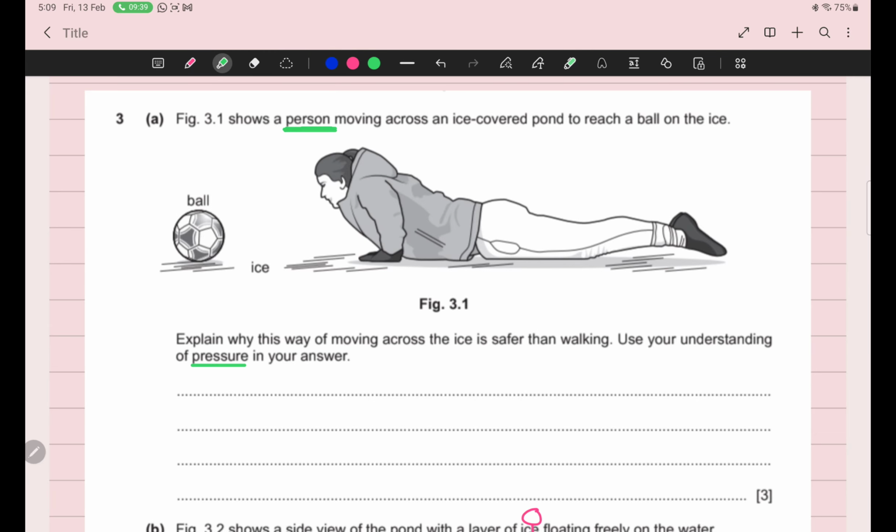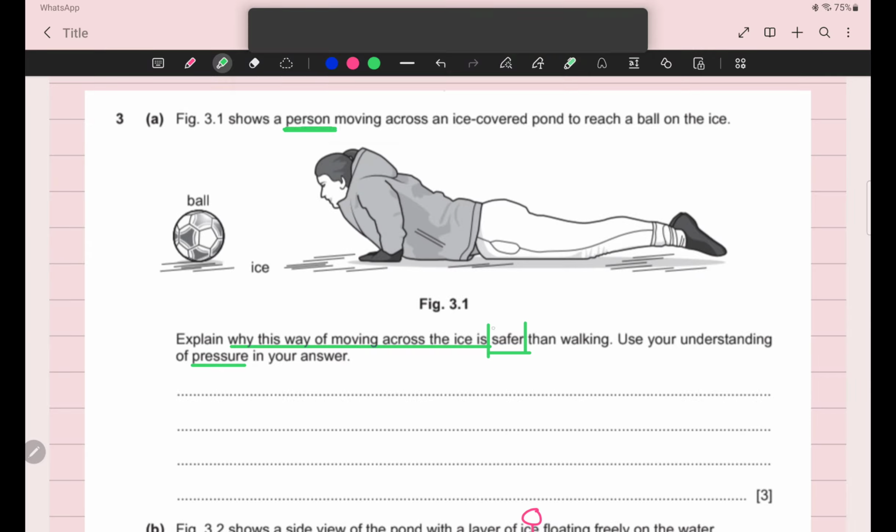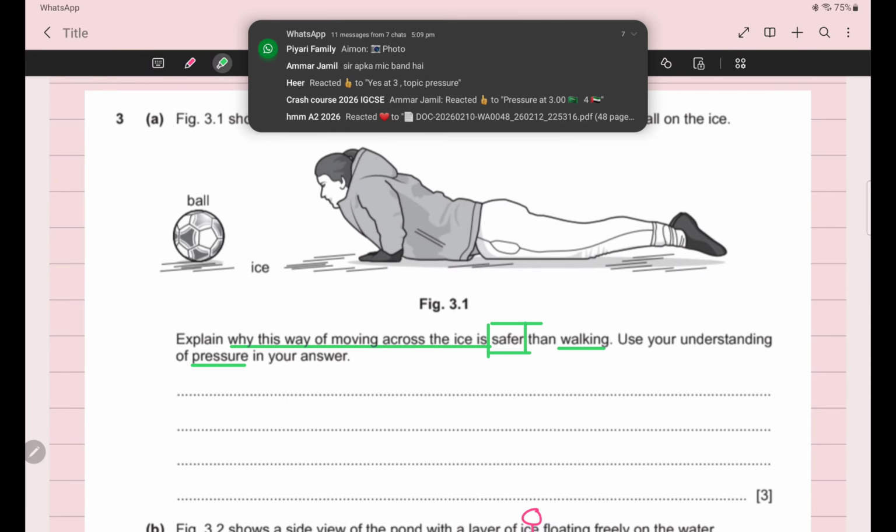The question is: a person moving across an ice covered pond to reach a ball on the ice. Explain why this way of moving across the ice is safer than walking.